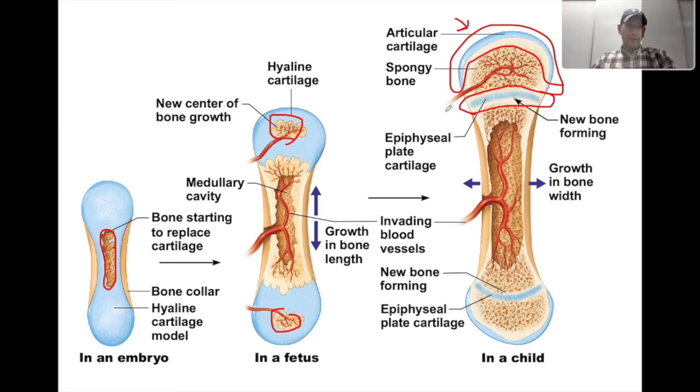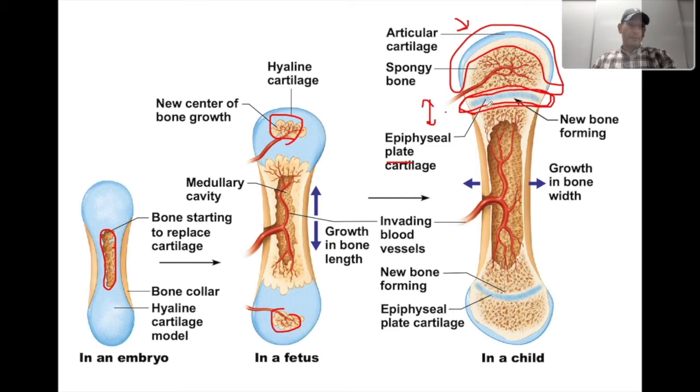Well, the cartilage that you see right in here is actually called an epiphyseal plate. These are your growth plates. This cartilage here allows you to grow in length. This is what allows you to grow taller and taller.